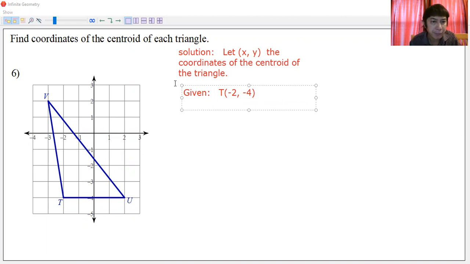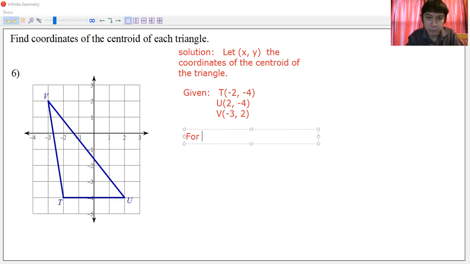Then our point U is at 2, negative 4. Next, V should be negative 3, 2. And so we now compute for the centroid.